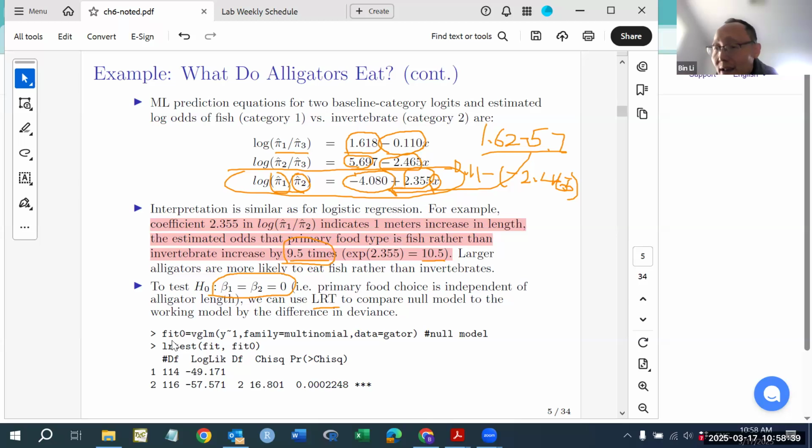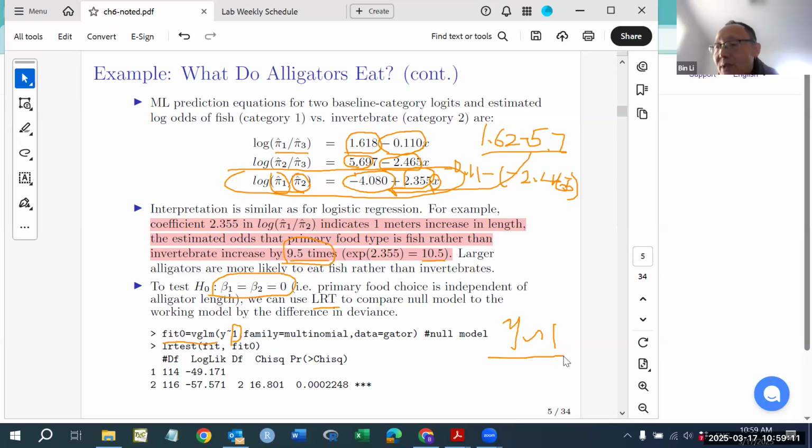So how can we do the likelihood ratio test? We can do it as first we fit a null model. A null model that assumes it is irrelevant, right? So the size is irrelevant to the primary food choice. Then that will be fit0, the VGLM, Y tilde 1. So in R, if you have the Y tilde 1 without any X here, what does that mean?